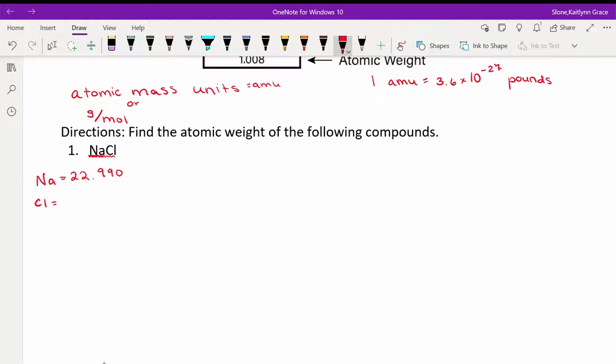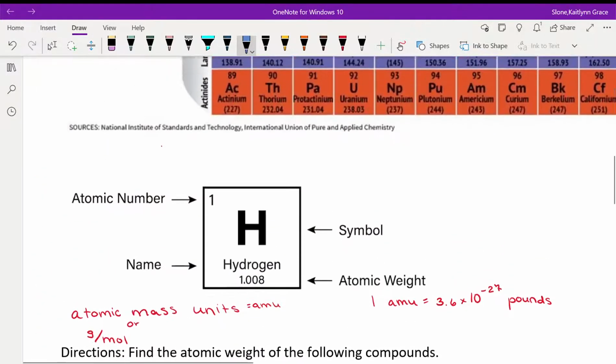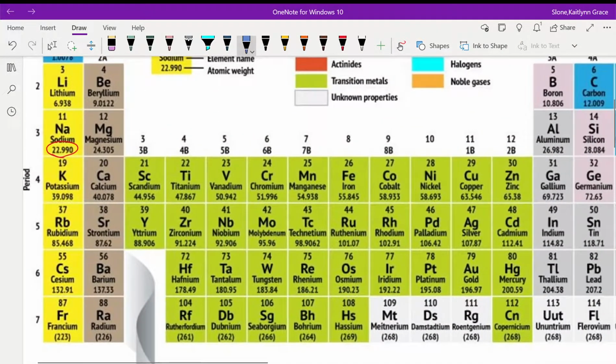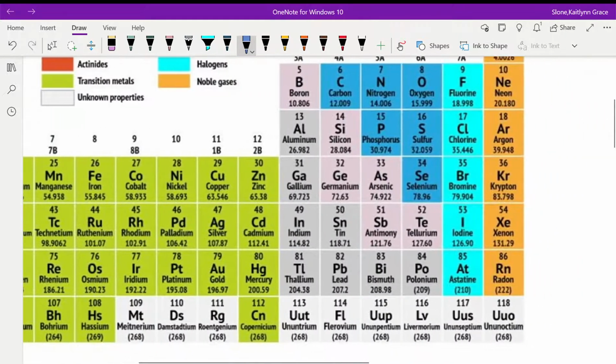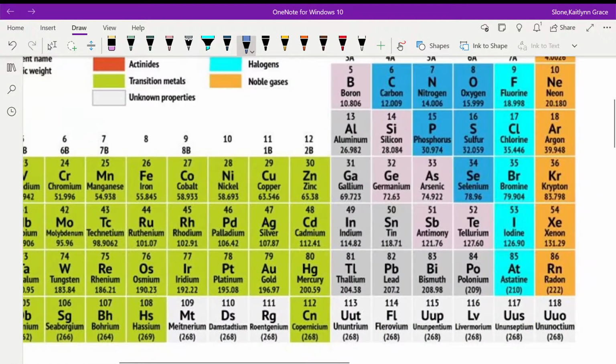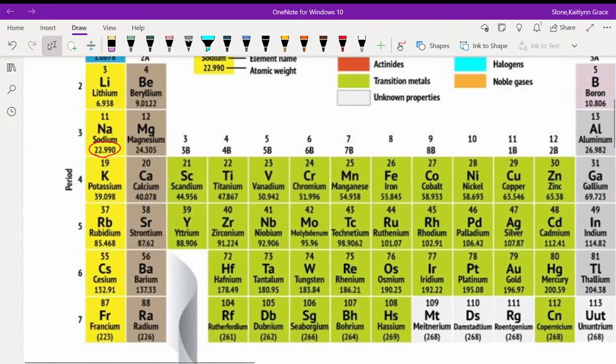Our next atom is chlorine, and chlorine has an atomic weight of 35.453.